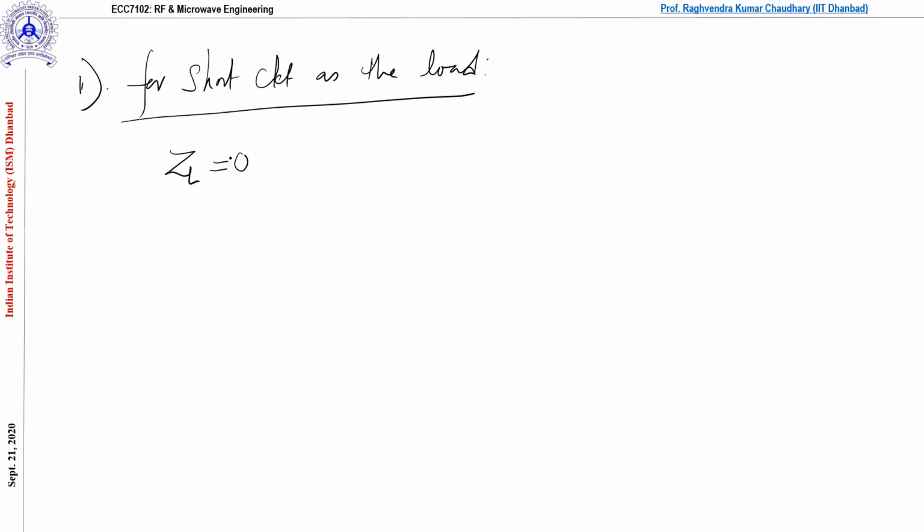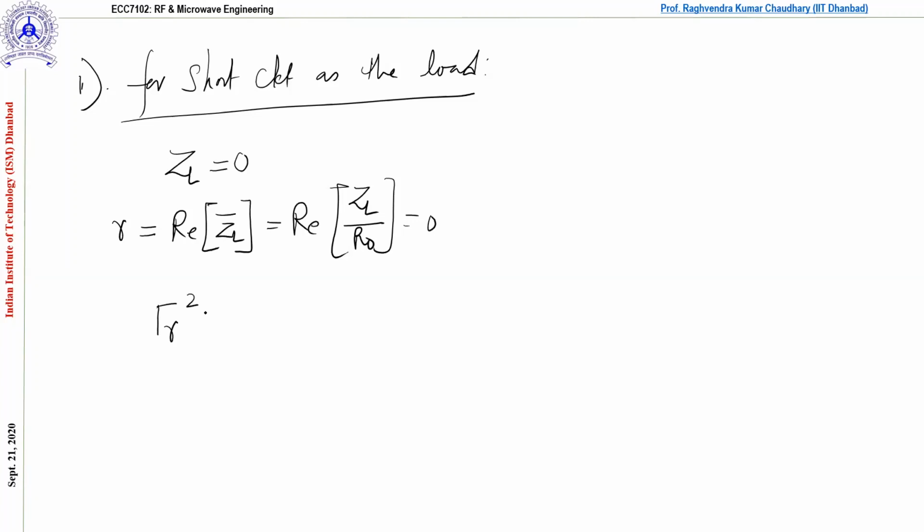Now it means that small r, which is actually the real part of ZL bar, or real part of ZL over R naught, is equal to 0. Now if I recall the previous equation, what we can write is gamma r square plus gamma I square is equal to 1. Why? Because r is 0, remember.